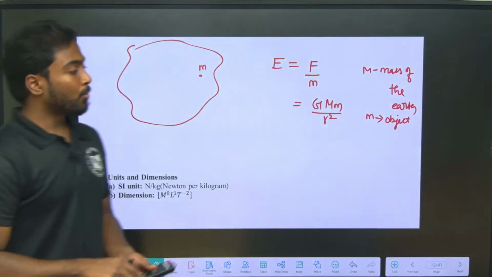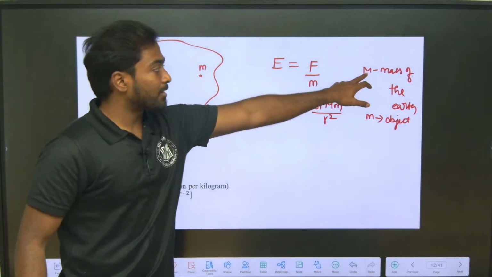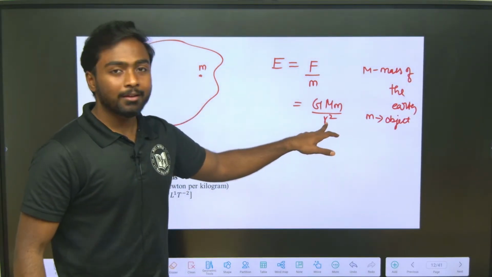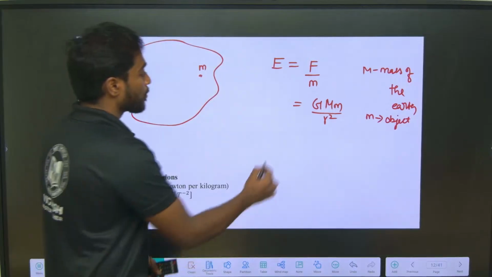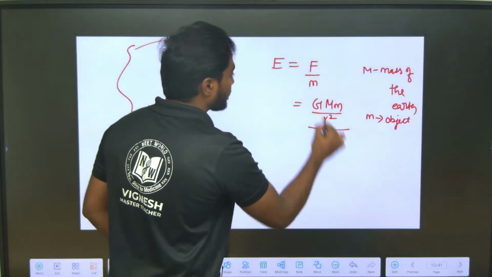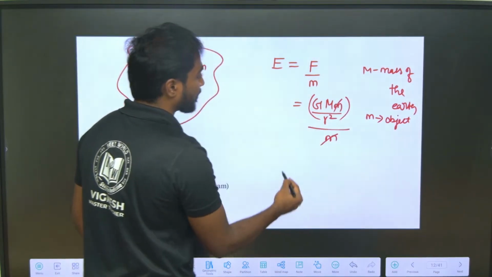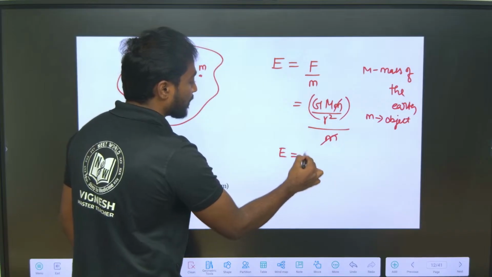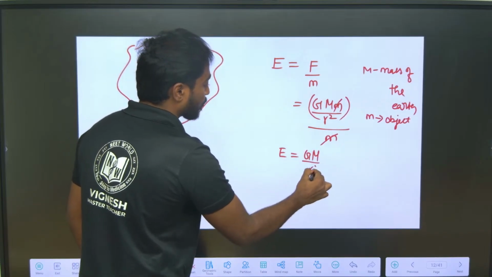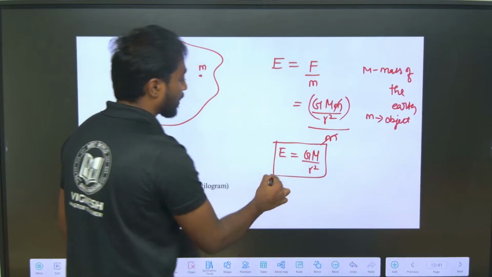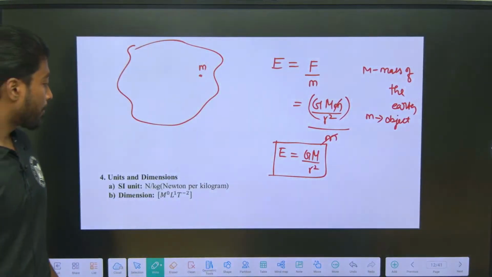The distance between the mass of the earth and the object is r. So E is F divided by m, so this m and m will get cancelled off. So the value of E will be GM by r square. This is the formula for the gravitational field, right?